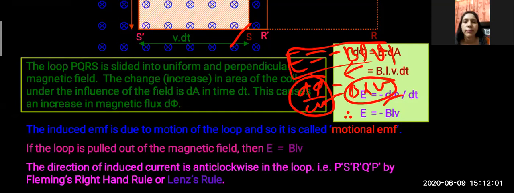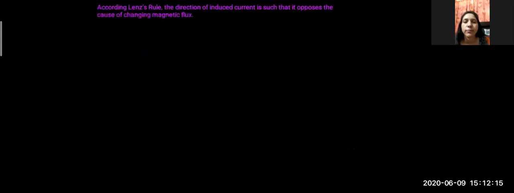The direction of induced current is anti-clockwise in the loop, that is P dash, S dash, R dash, Q dash, P dash, by Fleming's right-hand rule or Lenz's rule. I hope this is clear to you.